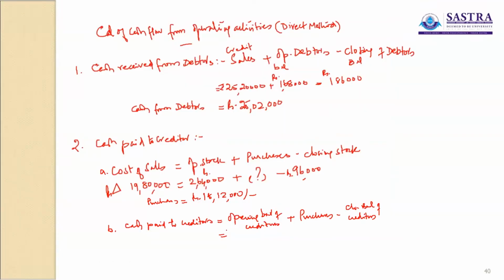Substituting values, 2,40,000 rupees plus purchases of 18,12,000 minus closing creditors of 2,34,000. Simplifying this, you get rupees 18,18,000 as cash paid to creditors.